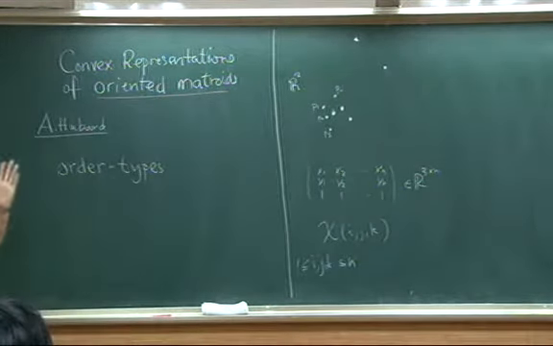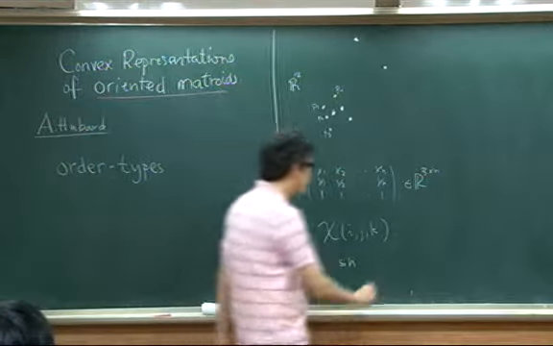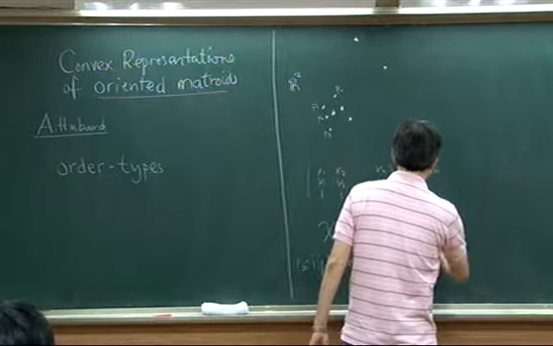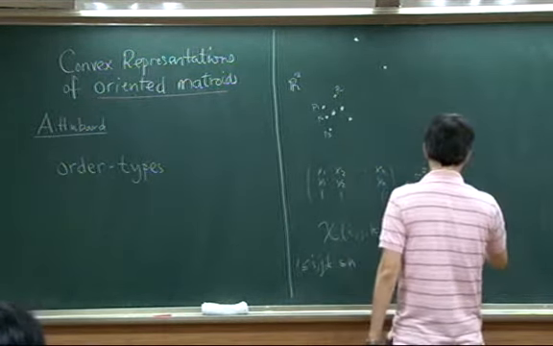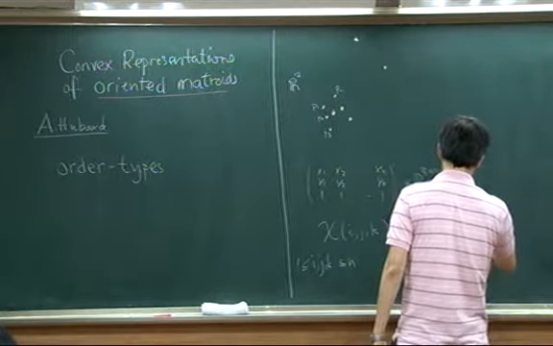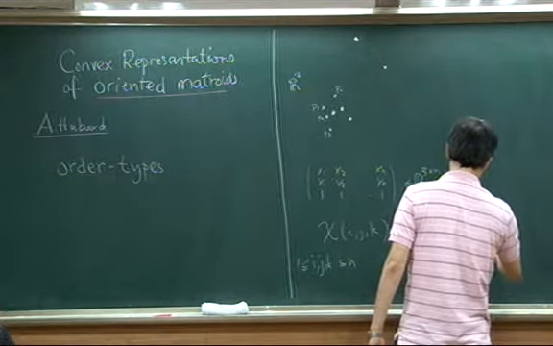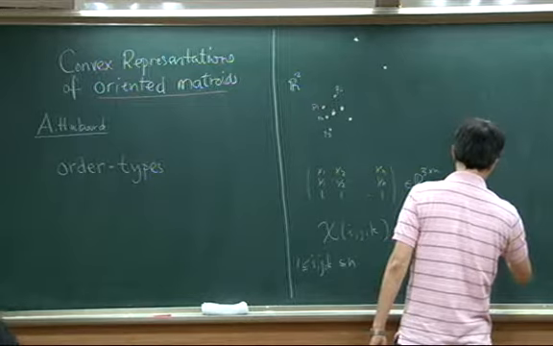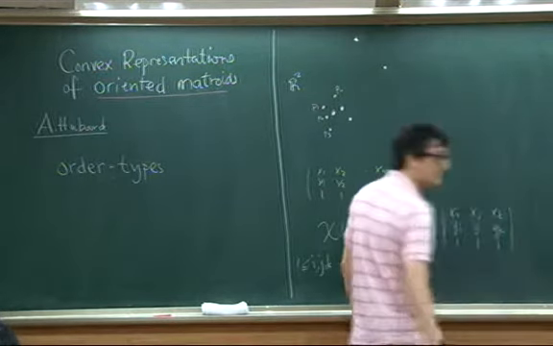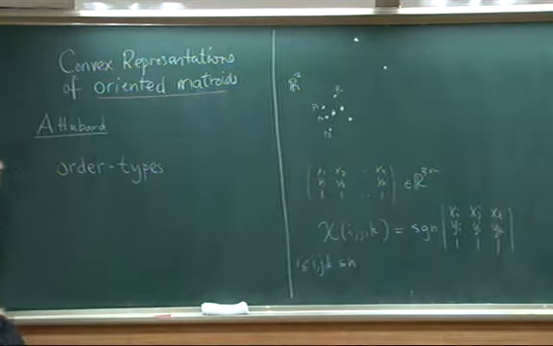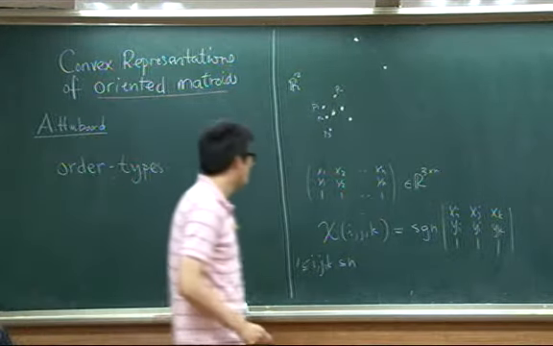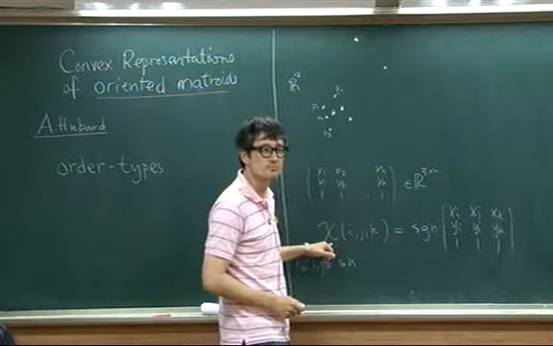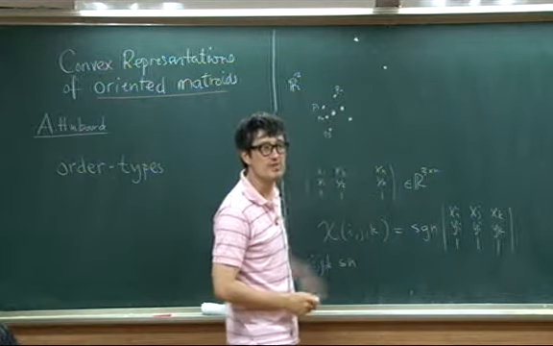Okay, so these are just going to represent my columns, and this is going to be the sign of the determinant of this determinant. Okay? So I just record the signs. I call this the chirotope, or order type, of this point set.